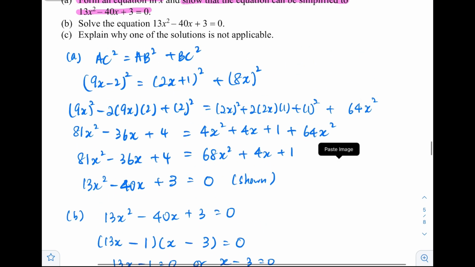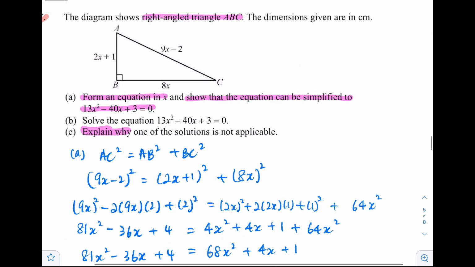The last part says we need to explain why one of the solutions is not applicable. If we look back at the question, if x is equal to 3 and we substitute, we have 9 times 3, which is 27, minus 2, which gives a positive number. 8 times 3 also gives a positive number, and 2 times 3 plus 1 also gives a positive number.